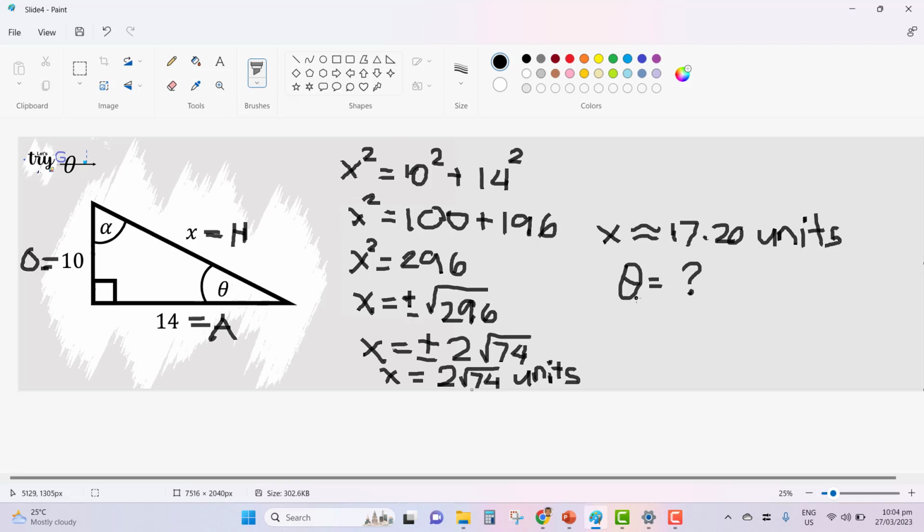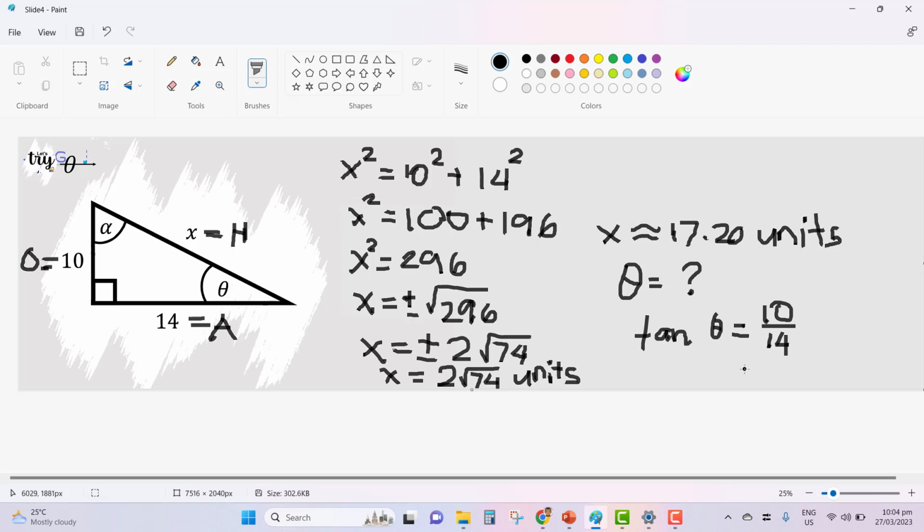With reference to angle theta, we could choose a trigonometric function which will use opposite and adjacent, and that's tangent. Tangent theta is equal to the ratio of the opposite side, which is 10, over your adjacent, which is 14.